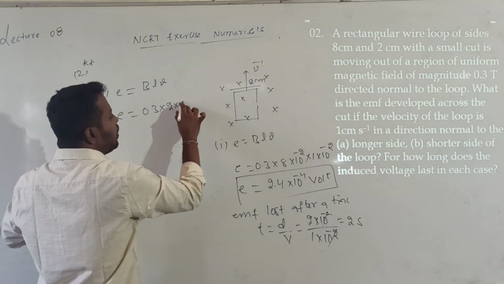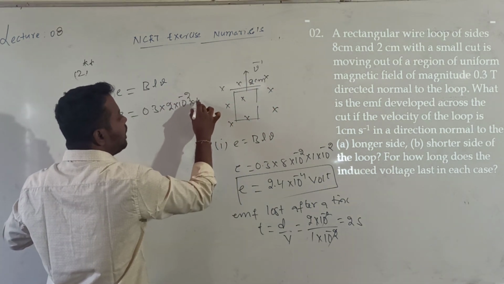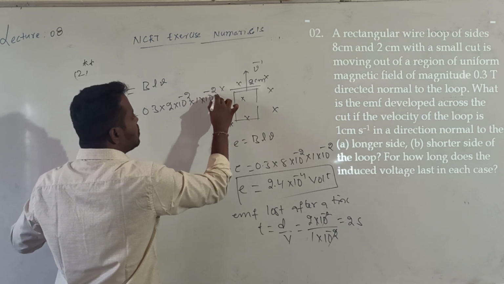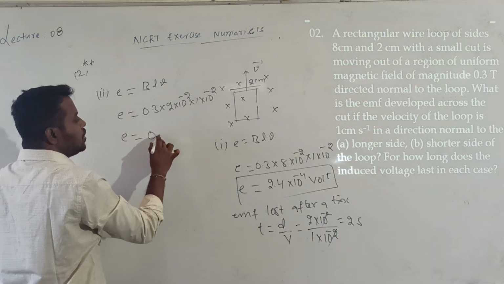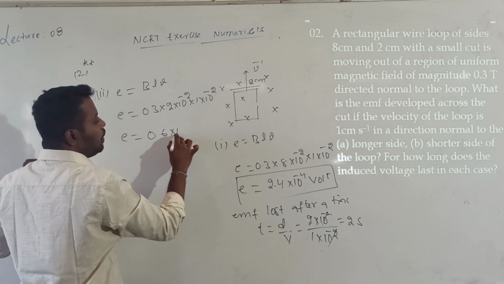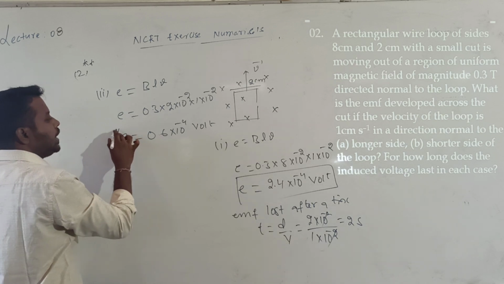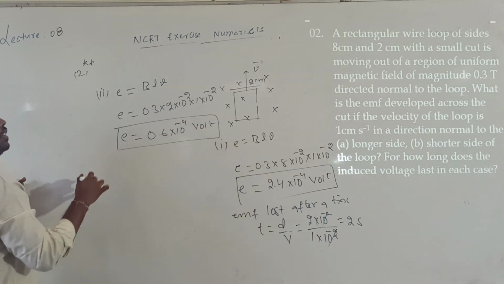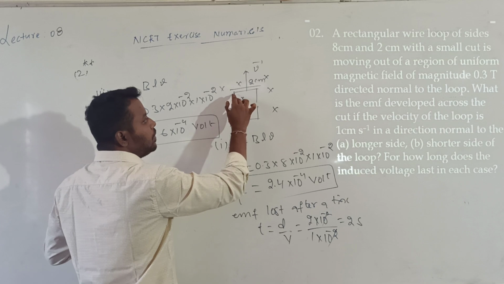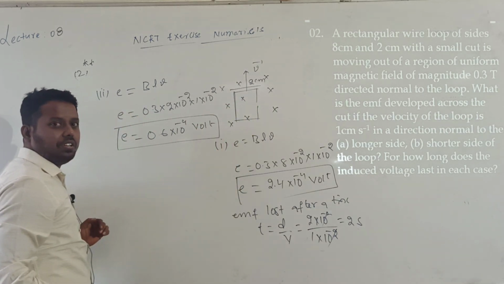So 2 into 10 power minus 2 into velocity 1 into 10 power minus 2. So the answer is 0.6 into 10 power minus 4 volt. Are you getting it? Whenever it is moving perpendicular to the smaller side, the induced EMF across the longer side will be equal to 0.